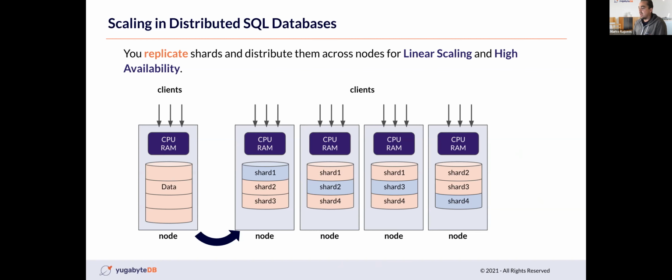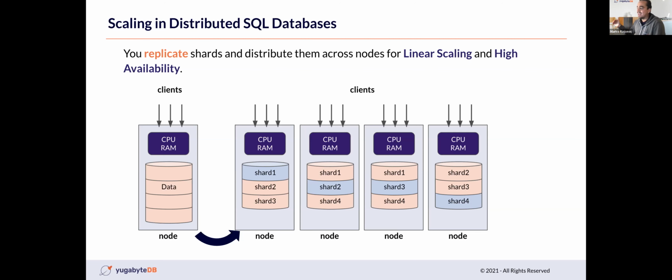The cool part about this is that now every single one of these nodes is going to be acting as the quote unquote master node, accepting client traffic, having its own CPU and RAM that is able to serve that traffic. Anytime that you need to scale, you can still vertically scale if you'd like, right? Go from 2 cores to 4 cores to 8, 16, 32, et cetera.